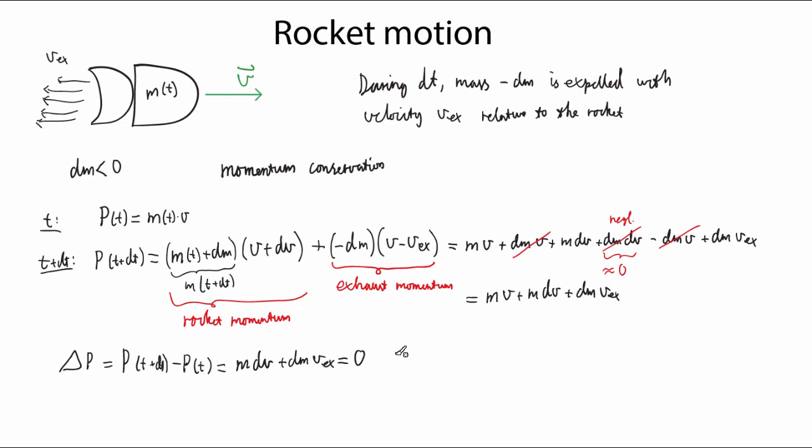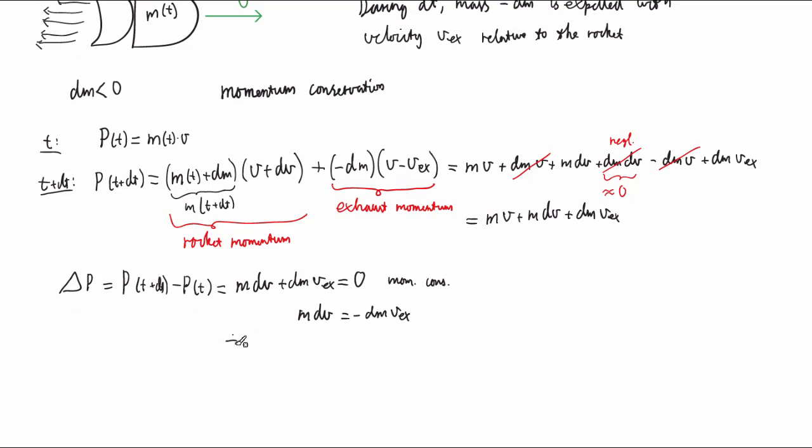And we know that's going to be equal to 0 due to momentum conservation, because there's no external forces acting on this rocket. So we then get, and then we just divide by dt, and we obtain this equation here, which is known as the rocket equation.